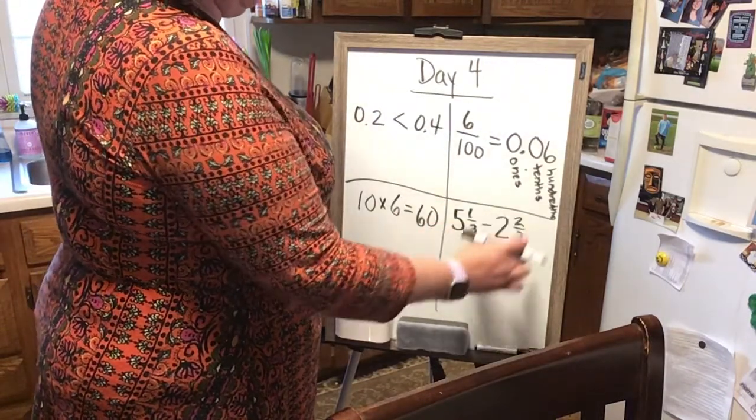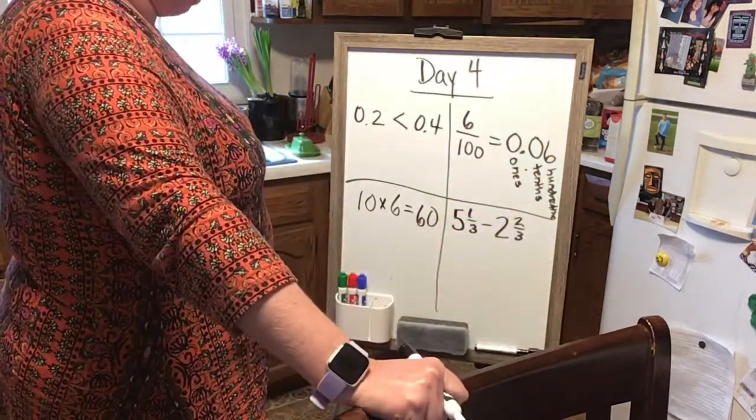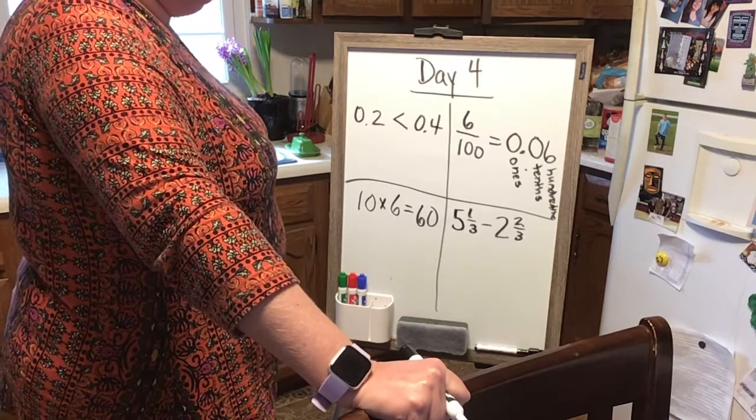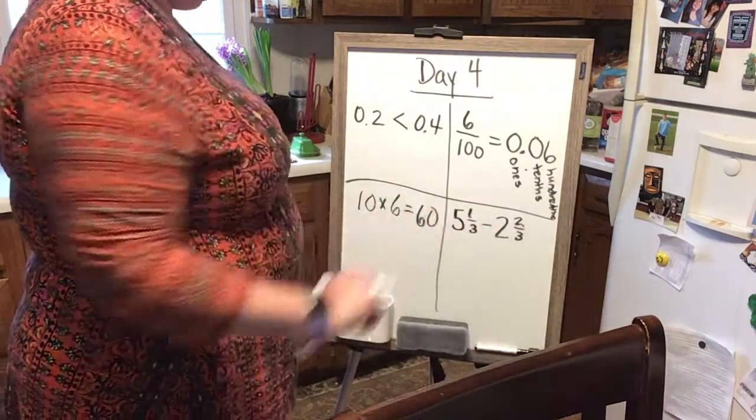You'd think you'd just bring your common denominator over, but my problem is I can't do 1 minus 2, well, without getting into negative numbers, and we're not dealing with negative numbers here.